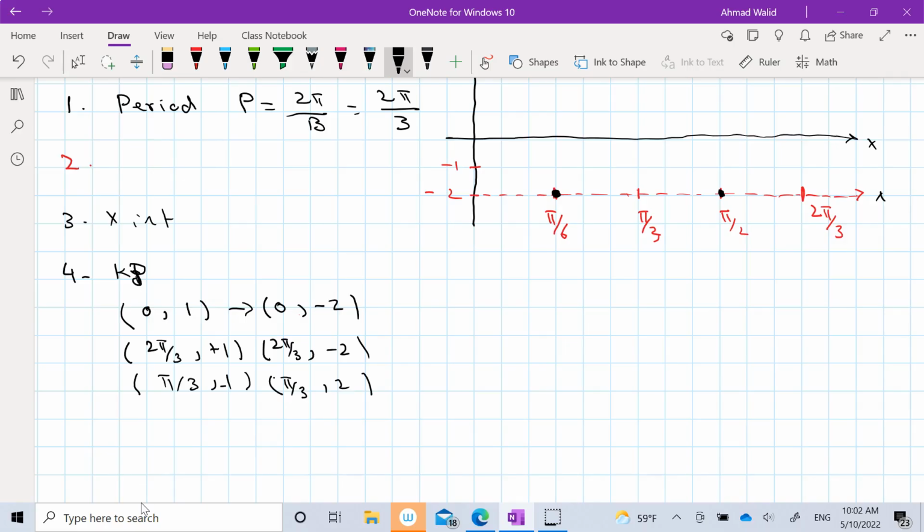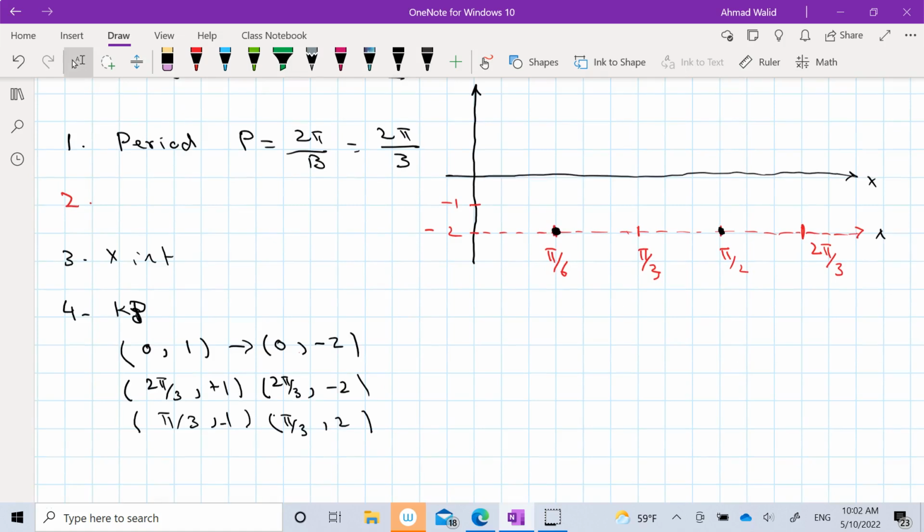Mark your new points, but focus on your new x-axis. When x is 0, y is negative 2. Here, 2 pi over 3 and negative 2, which is here.